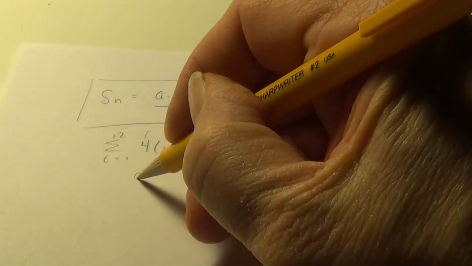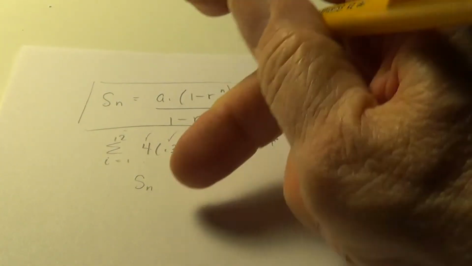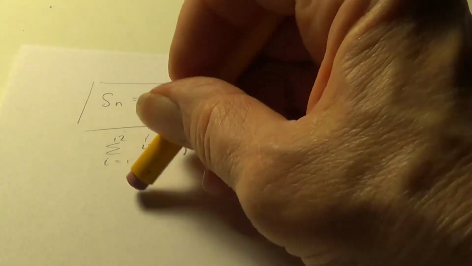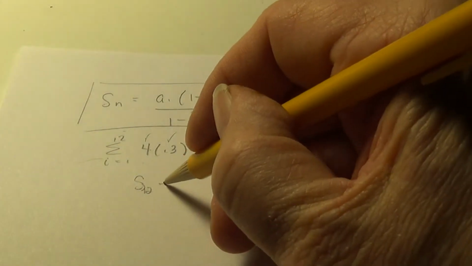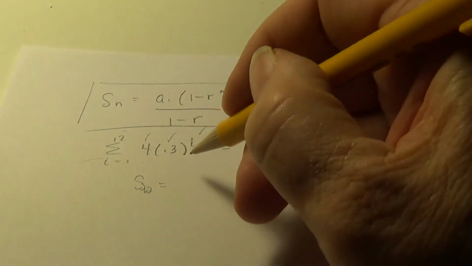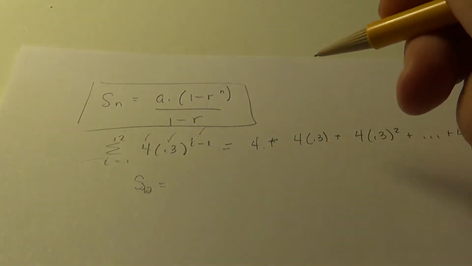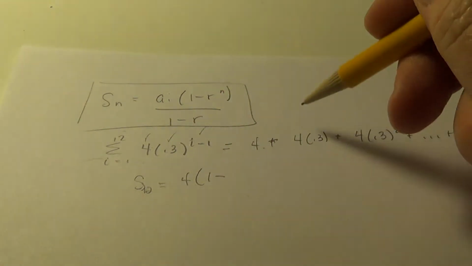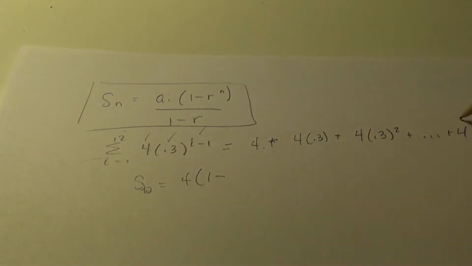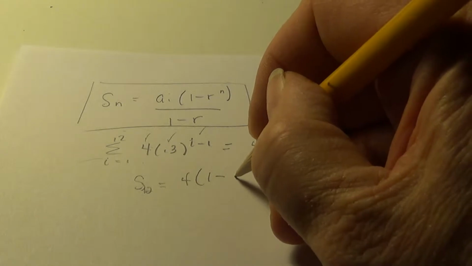Alright, so let's actually use it now. The sum of these 12 terms is a sub 1, which is the first term we generated, a 4, times 1 minus the common ratio. What did I multiply each term by to get the next?